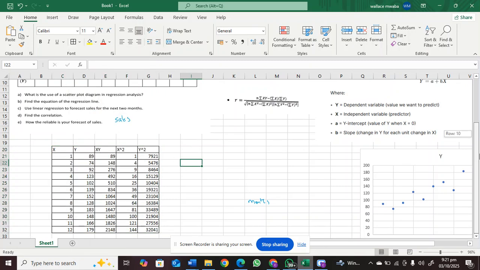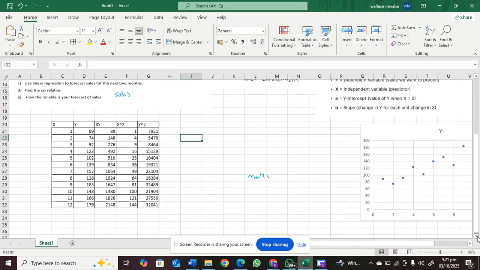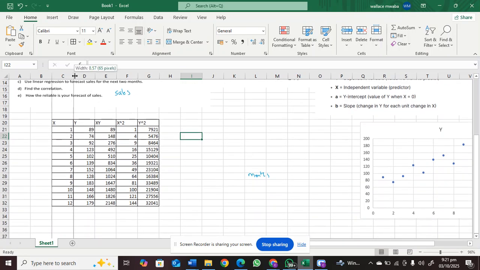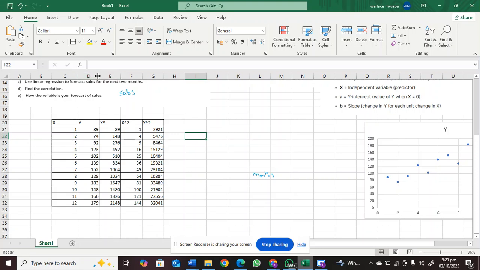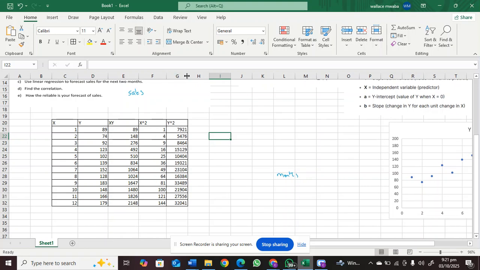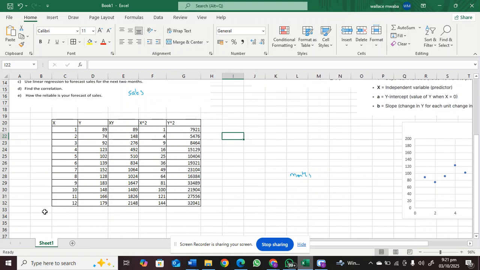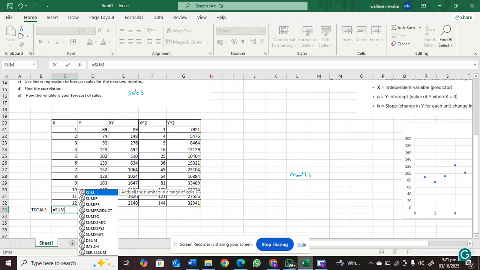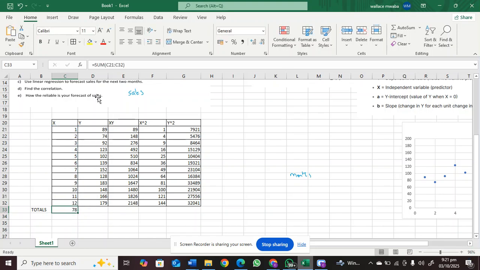Then you get your totals. For x, you add all the values and get the total, 78.